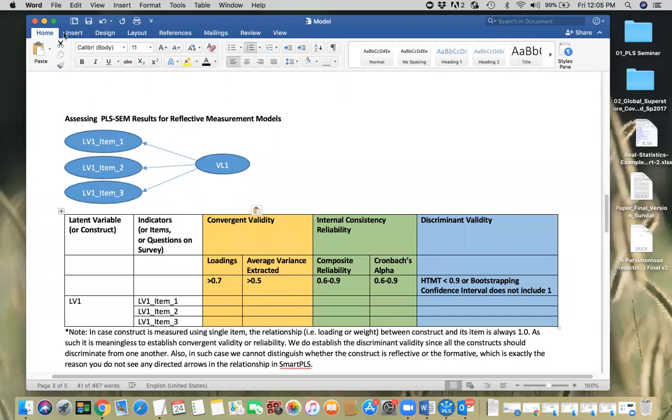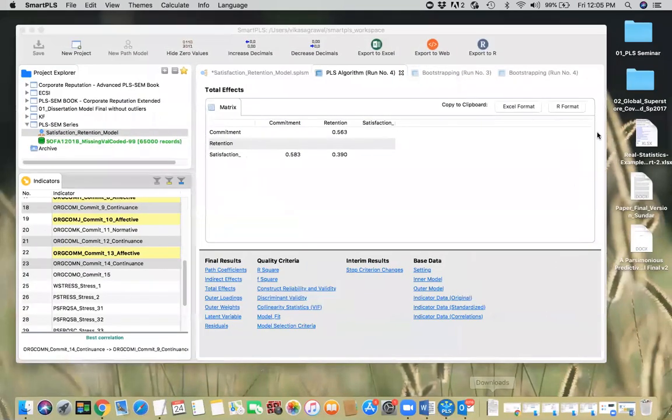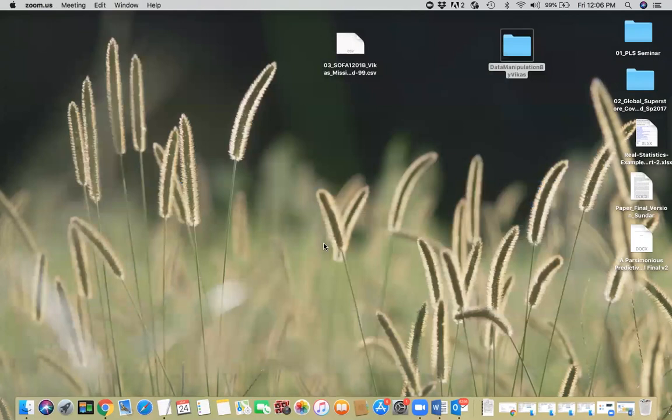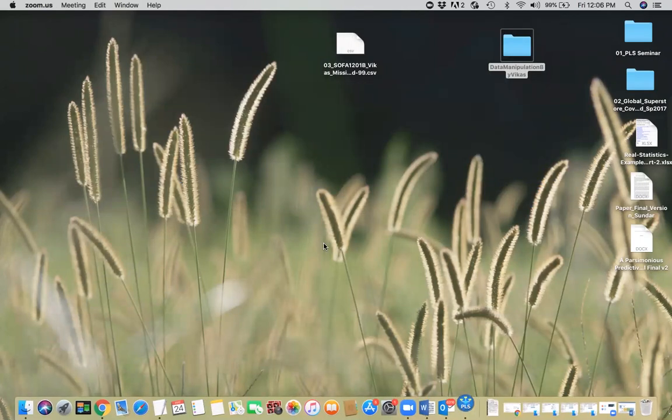We already have the data in the form of CSV file, so let me launch SmartPLS again.